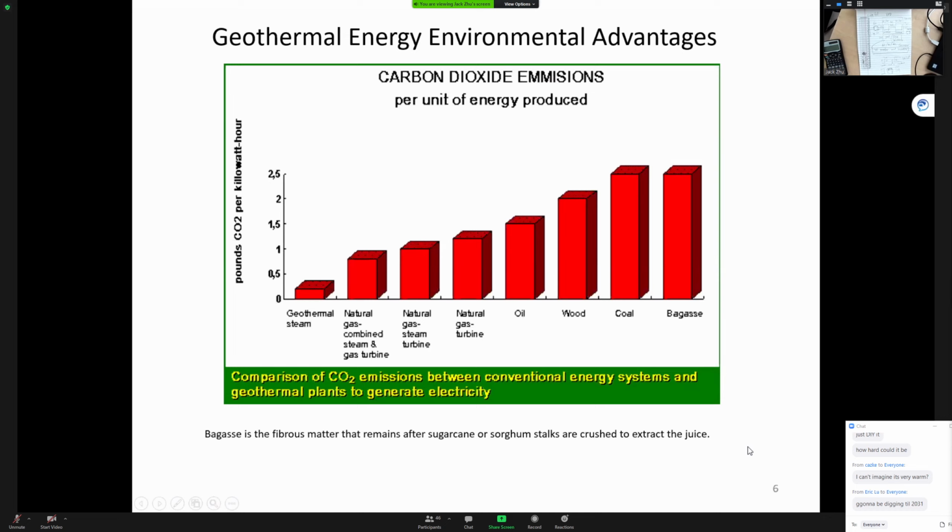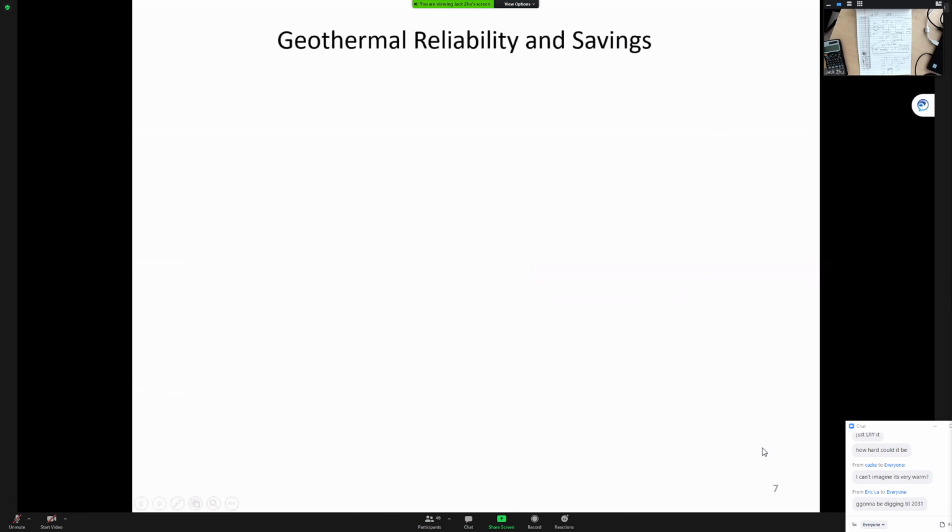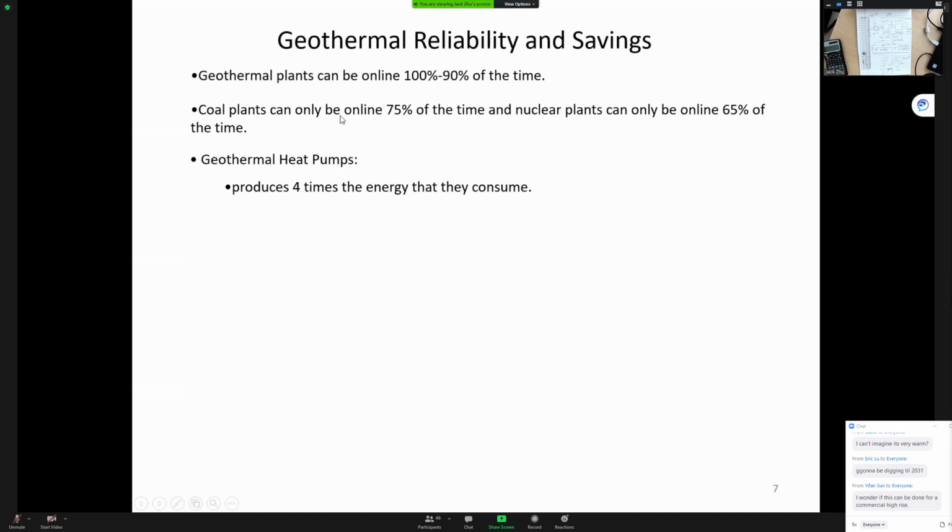So it's very environmentally friendly, and if we want to go green, the plant can be online more than 90% of the time.